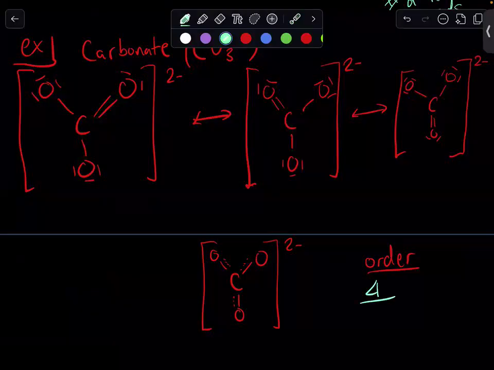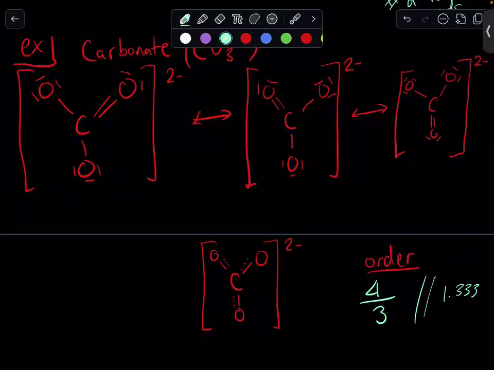We'll divide that by the number of resonant bonds that can exist. So the resonant bonds are 1 here, 1 here, 1 here, 3. So it's going to be 4 over 3, which is fine. You can say your bond order as a fraction, or if you'd like, you can say 1.333 and just cut it off. I know it's infinite, but you don't have to. So this is our bond order for carbonate.